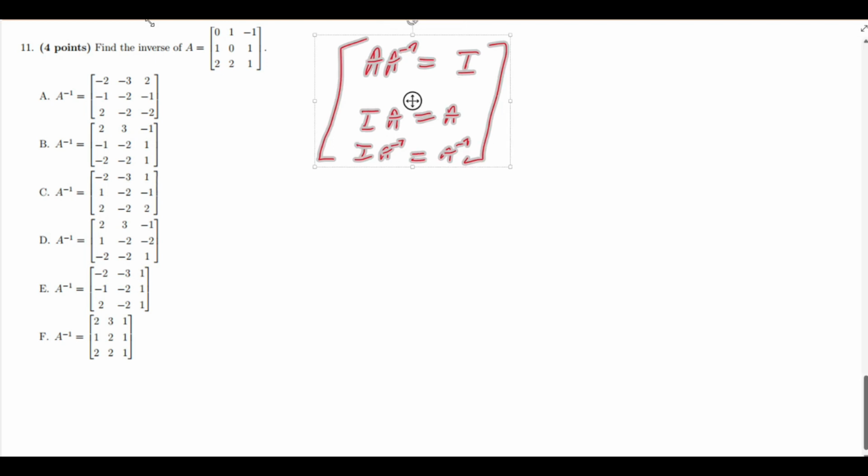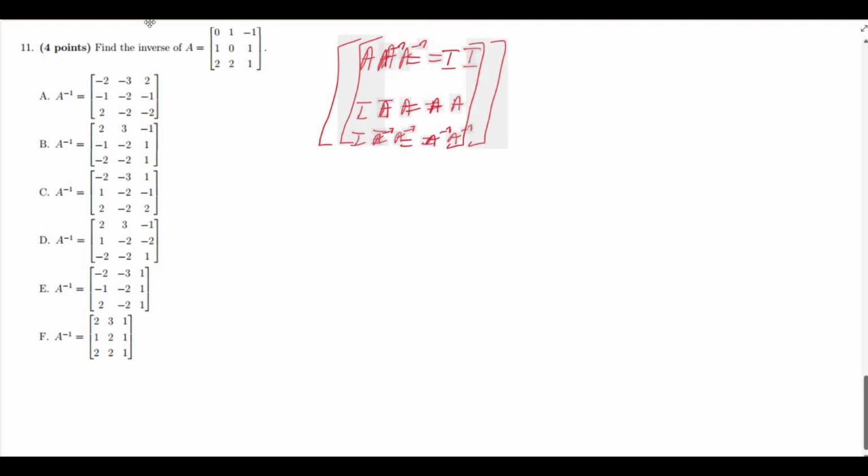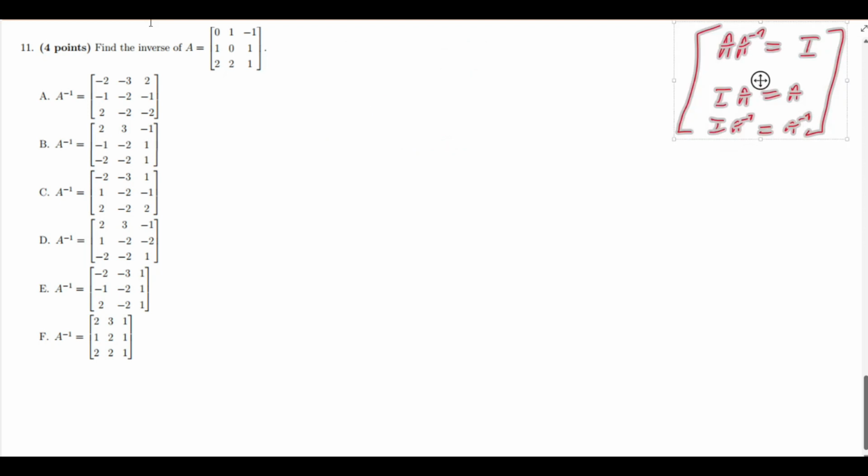Let's say we have a matrix, let me just create some space and put this somewhere there. So we have our matrix A to be 0 1 negative 1, 1 0 1, 2 2 1.